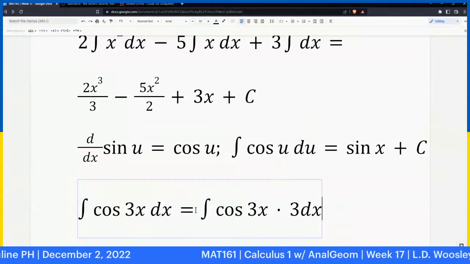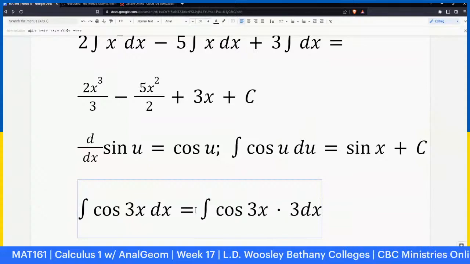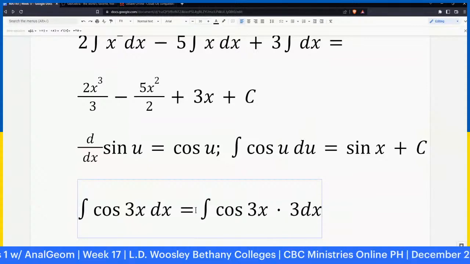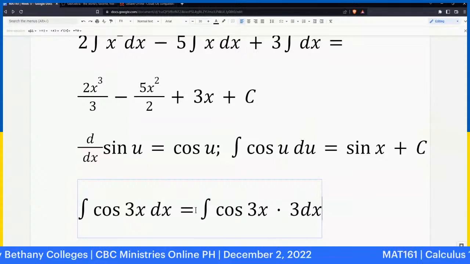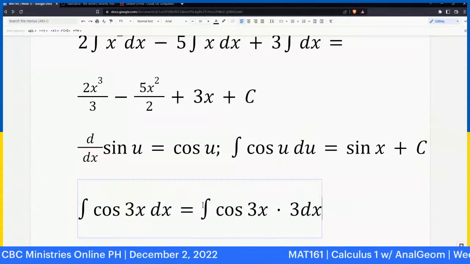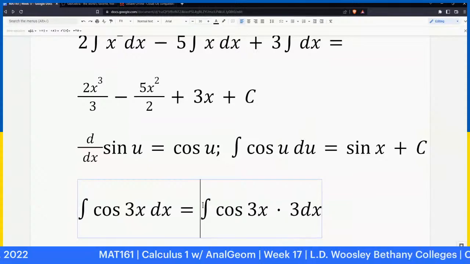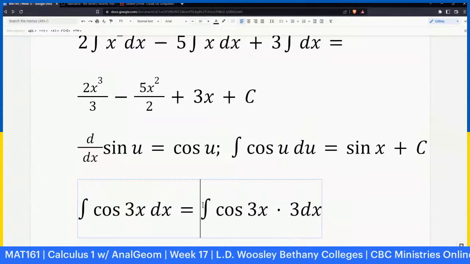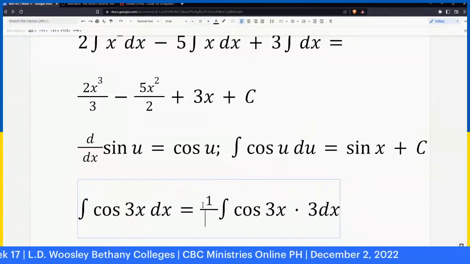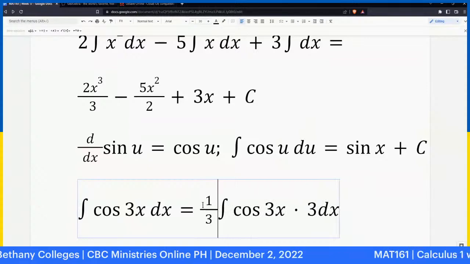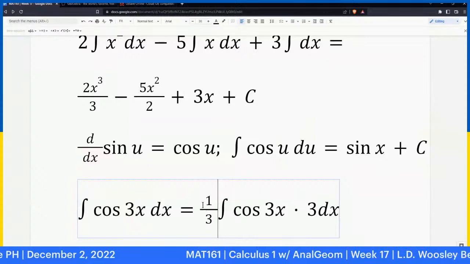Pero you need to neutralize that kasi you modify the expression. It needs to be neutralized by putting the reciprocal of that factor, what we call the neutralizing factor. What is the reciprocal of 3? Obviously, it's 1/3, right? So we will put the 1/3 here to neutralize 3dx.